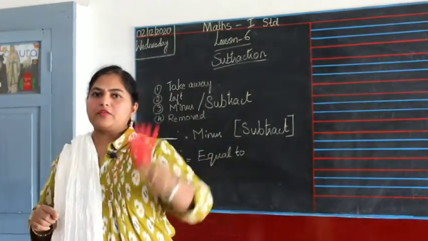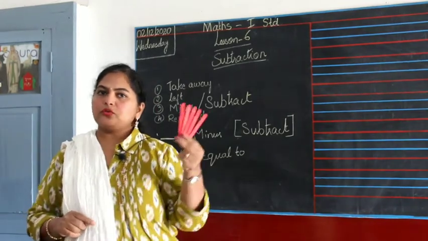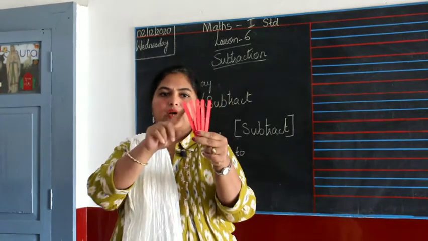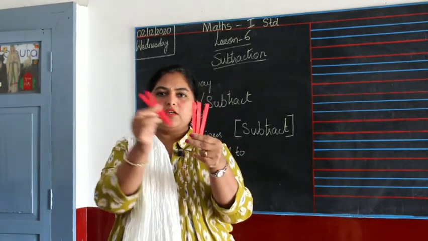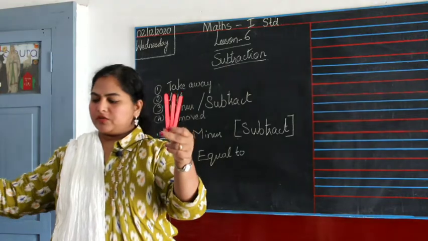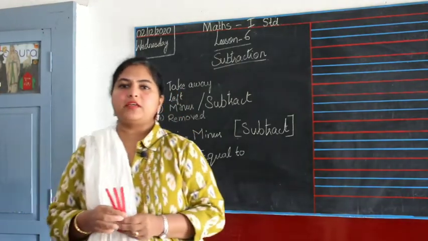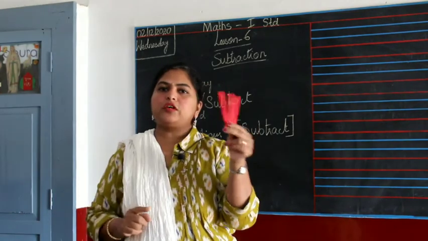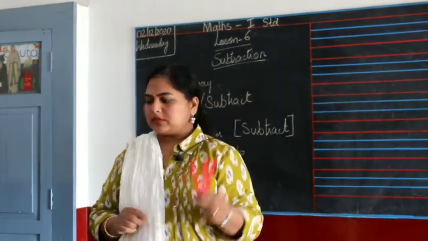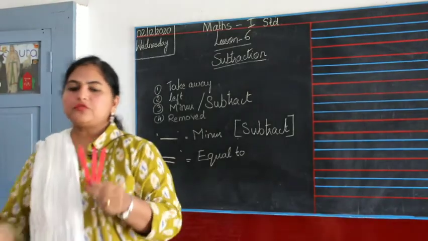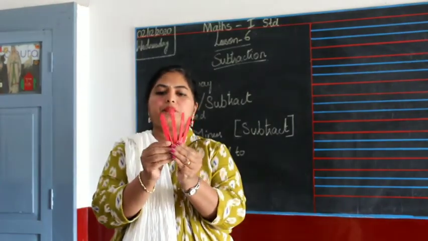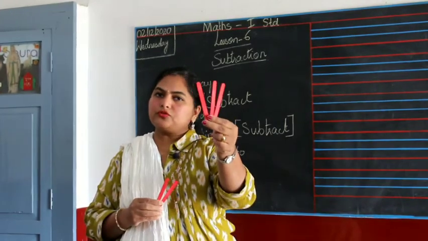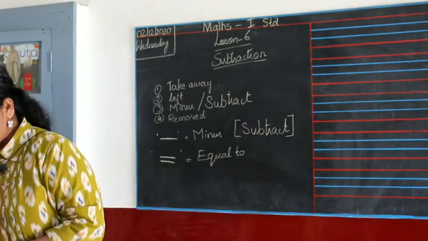I have 5. In addition, you have something and you get something from someone. In subtraction, what do you do? I have 5 and I give away 2 to somebody. I give away 2 of my sticks to my friend. How many am I left with? 1, 2, 3. So you are left with 3 popsicle sticks. So that's 5 minus 2 is equal to 3. Okay. So that's the way it has to be done.